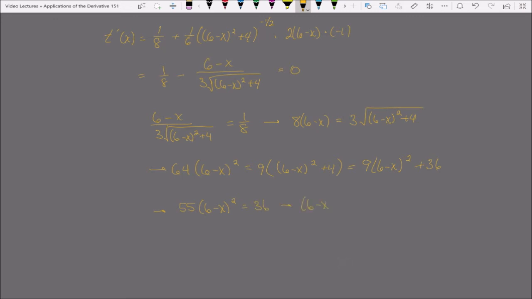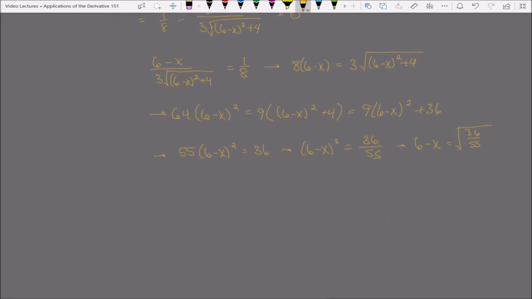Divide by that 55. Take the square root. And finally, subtract 6 and multiply by a negative 1 because that is a negative x. So actually, let's do that in 2 steps.